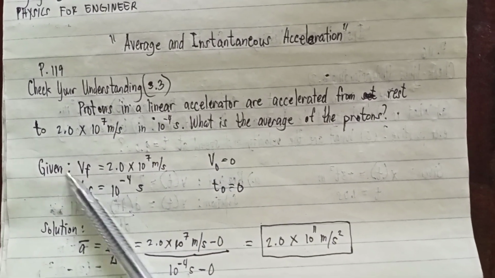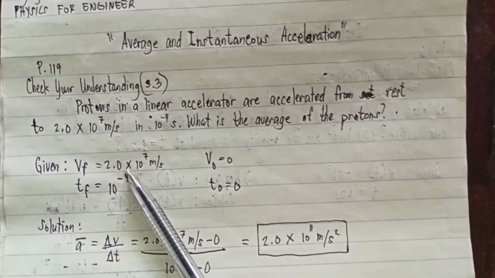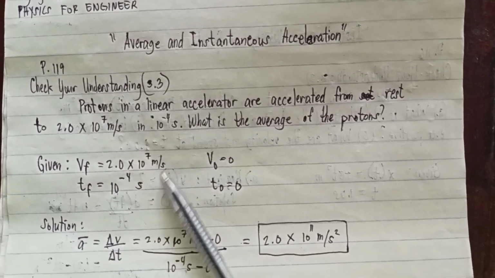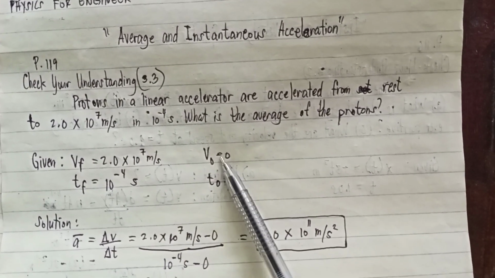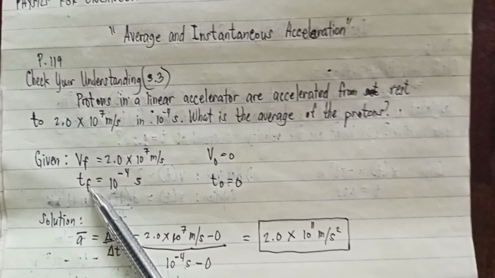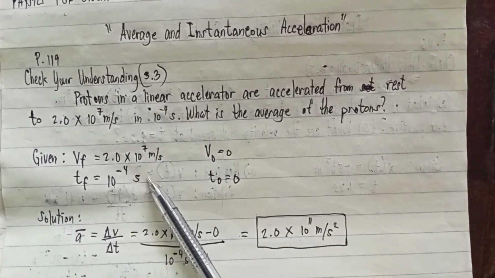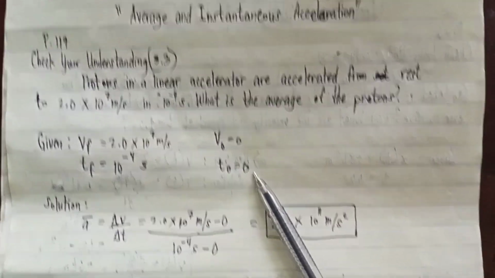So, the given: final velocity equals 2.0 times 10 to the power of 7 m/s. The initial velocity equals 0. Final time equals 10 to the power of negative 4 s. Initial time equals 0.